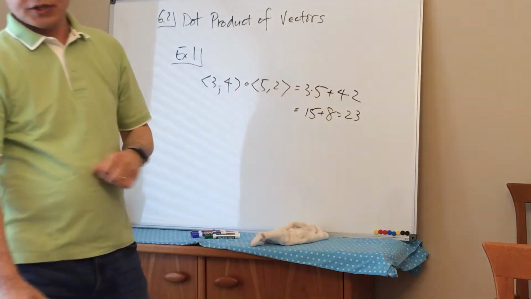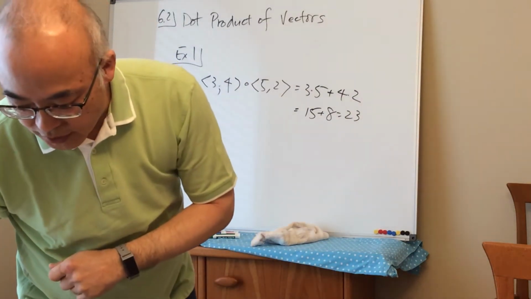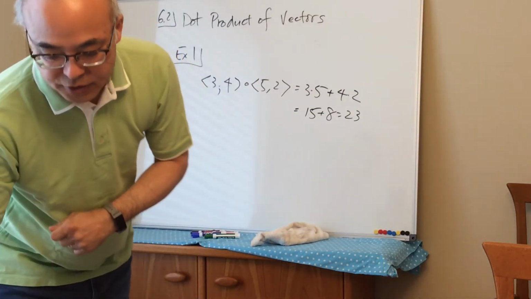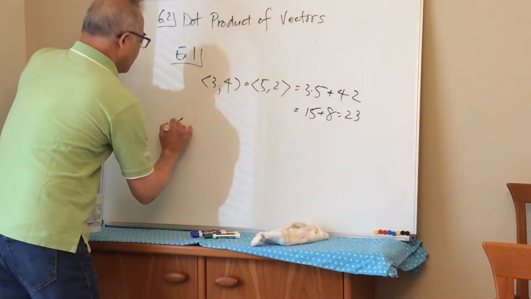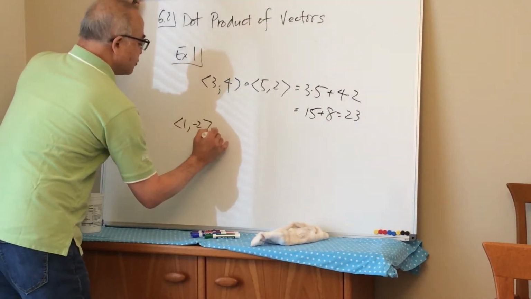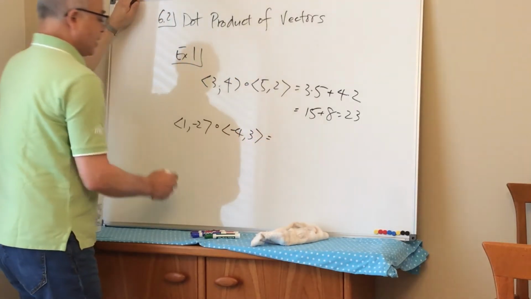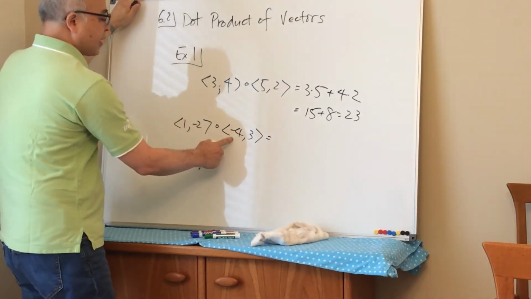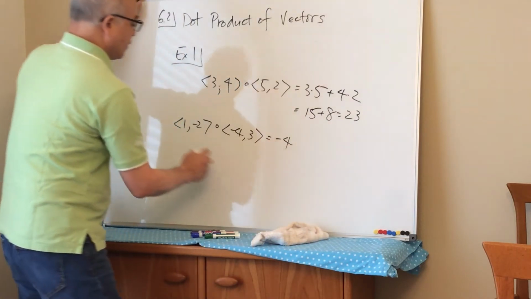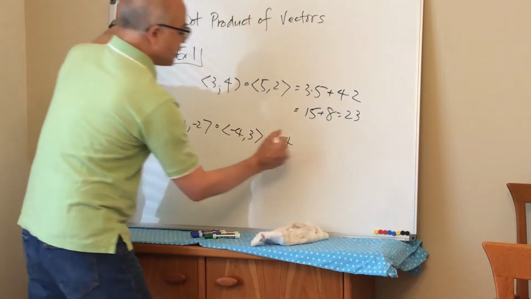As such, then we have B, (1, -2) dot product with (-4, 3). Again, 1 times -4, plus -2 times 3, is -10.